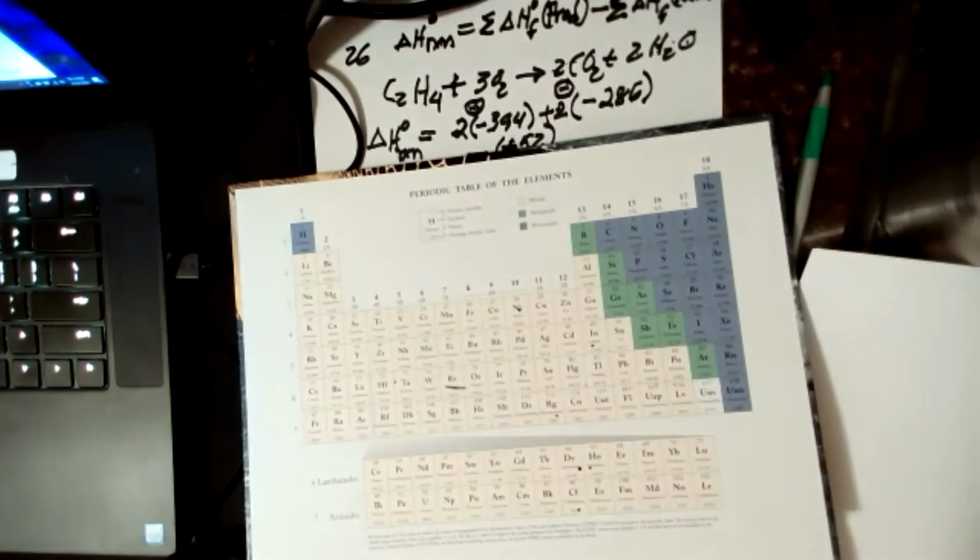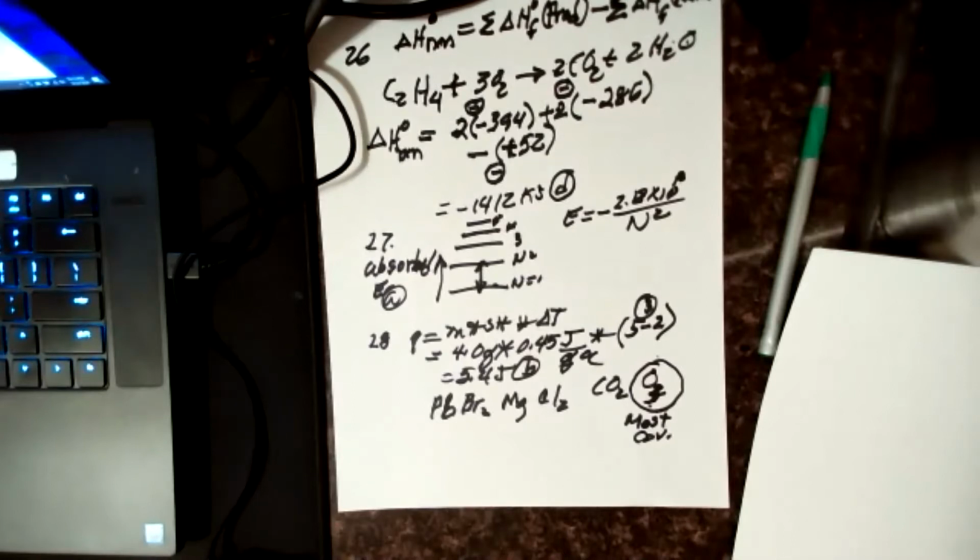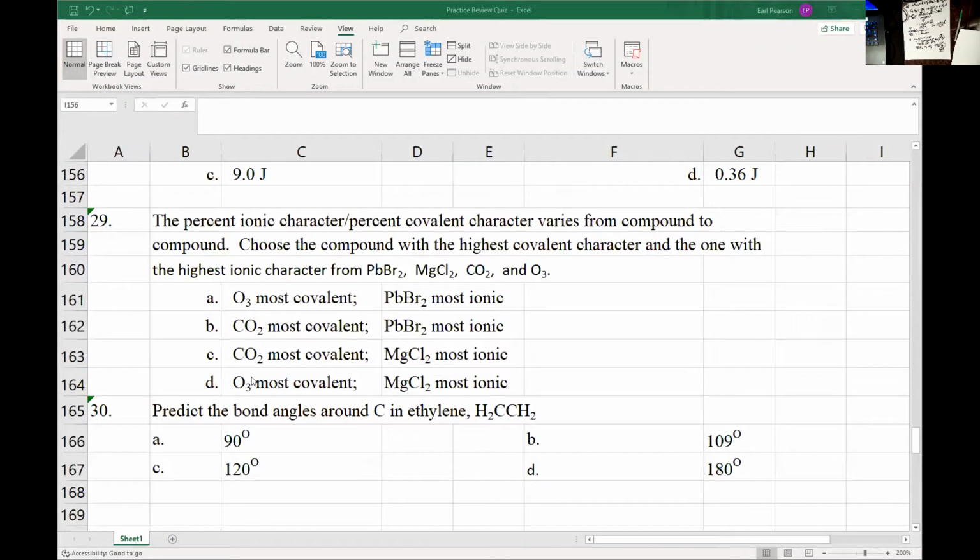So the most covalent one is ozone, and the most ionic one would be magnesium chloride. And that's what we get if you look at this screen share. So the correct answer is D.